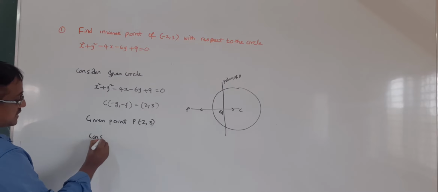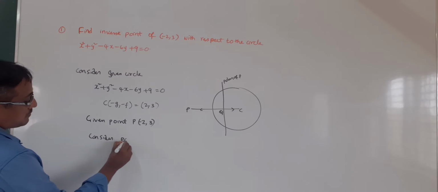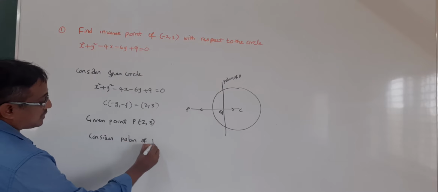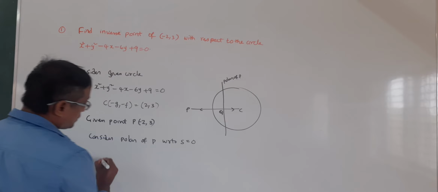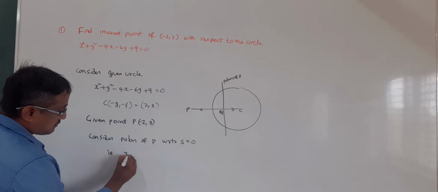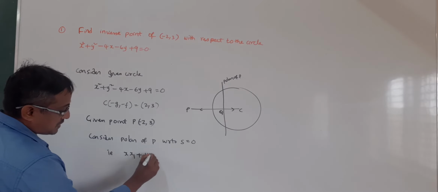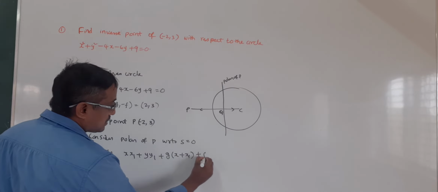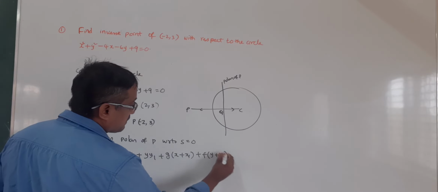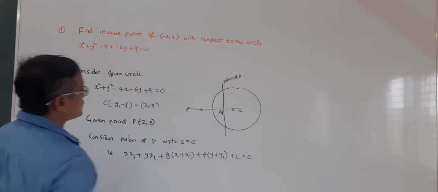Now consider the polar of P with respect to S = 0, that is S11: x x1 plus y y1 plus g times (x plus x1) plus f times (y plus y1) plus c is equal to 0.